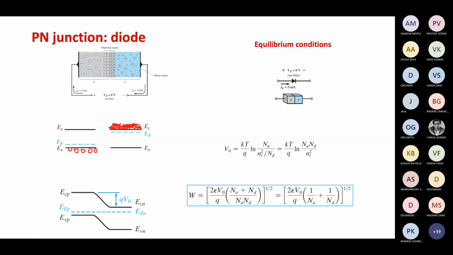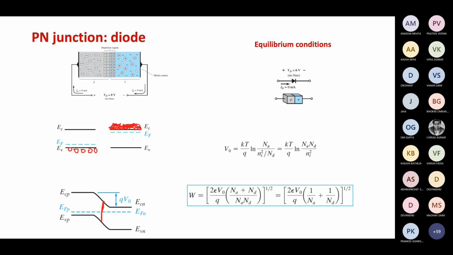On the junction, the conduction band and the valence band are bending. From what I told you a few minutes back, we can calculate the number of electrons and holes just by looking at the distance between the Fermi level and the conduction band at that point. So in the middle at the junction, the semiconductor becomes almost like an intrinsic semiconductor.